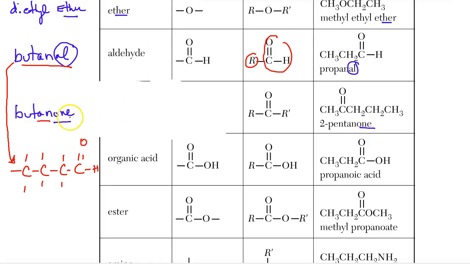Butanone is 4 carbons too, and it's single bonds for the ane. And somewhere in the middle, notice this is the R, the rest of the compound, you have a double bonded O. Fill in the rest with H's so that every carbon has 4 bonds. Notice there's none here because carbon has 1, 2, 3, 4.